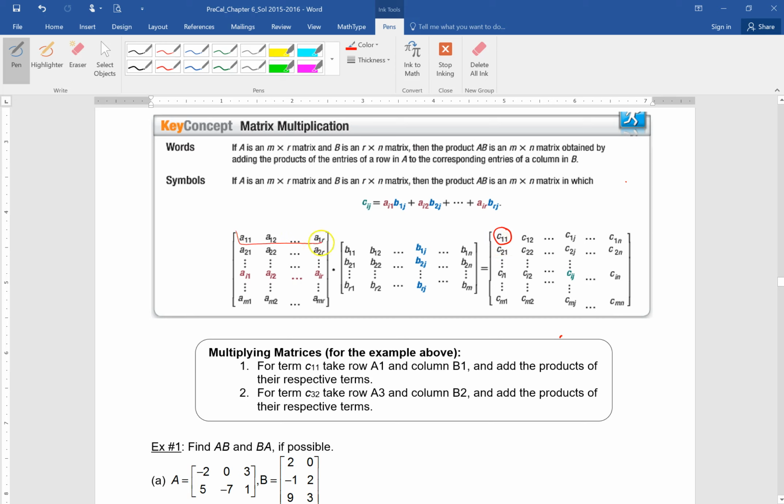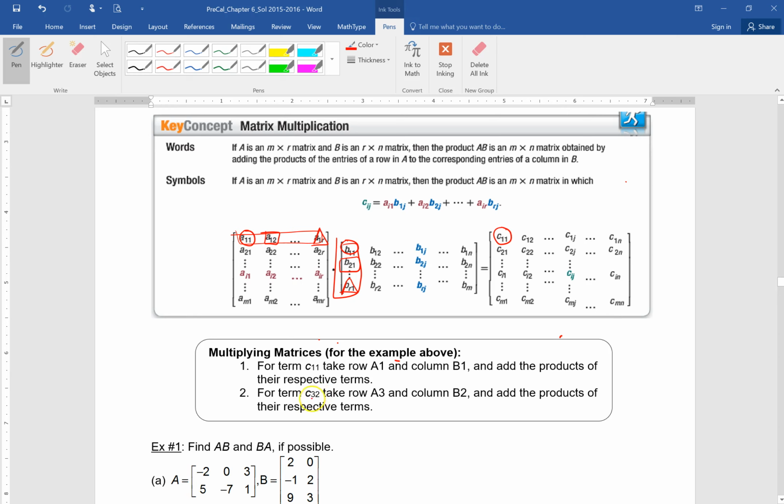You take row 1 of the first, column 1 of the second, and now you multiply the first with the first, the second with the second, the last with the last, okay? And you add them. And that's pretty much how it works, okay?